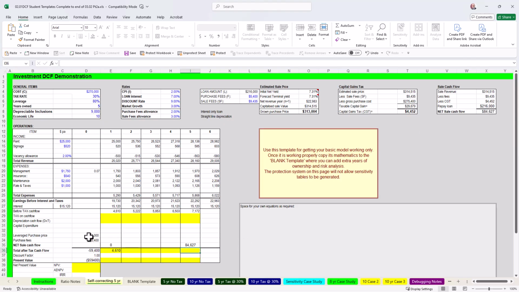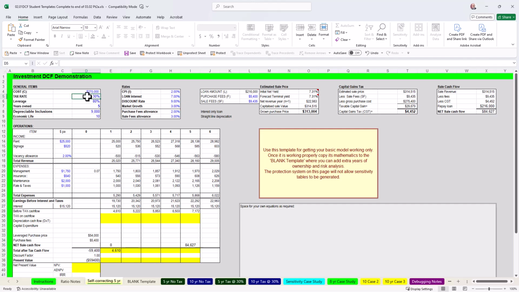What we have is a purchase event at time 0, like today. And in 5 years' time, at the end of the 5th year, we're going to have a sale event which is going to net us a cash flow of $84,000 after all of the fees and everything else is taken into account.